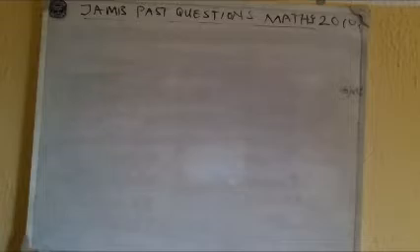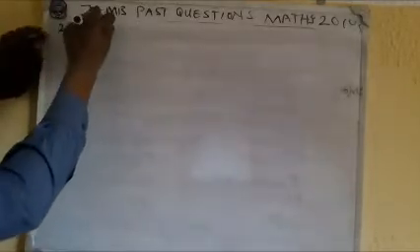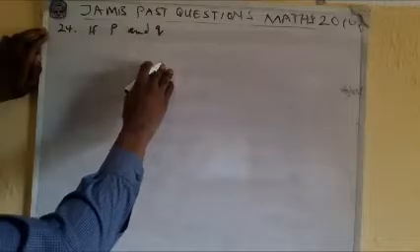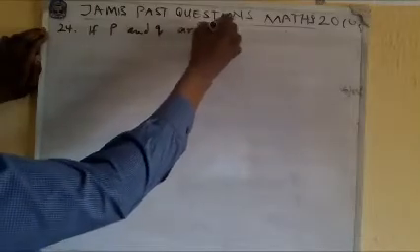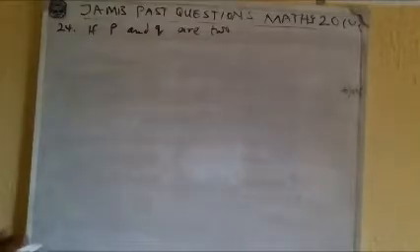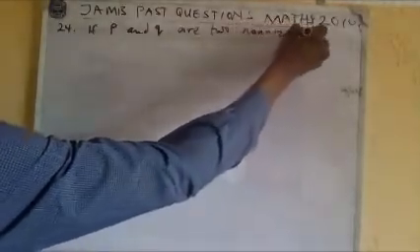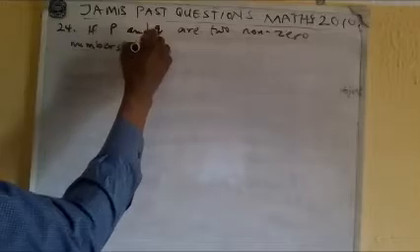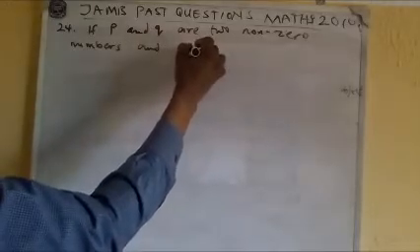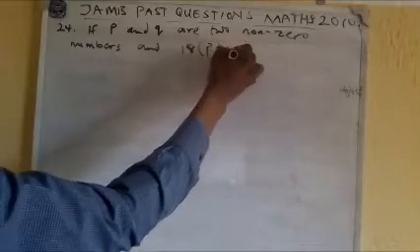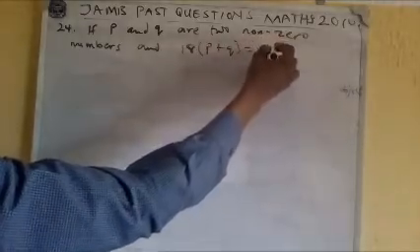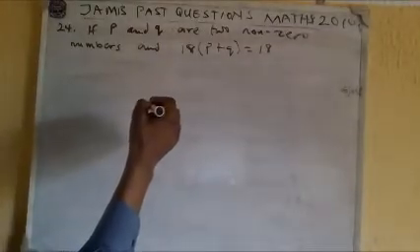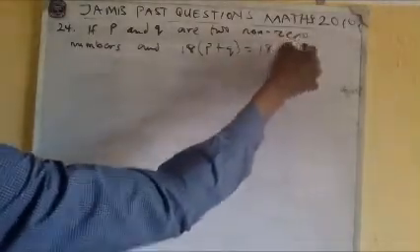Okay, so for this one, number 24, it says if P and Q are two non-zero numbers, and 18 open bracket P plus Q is equal to 18 plus P, then Q outside.